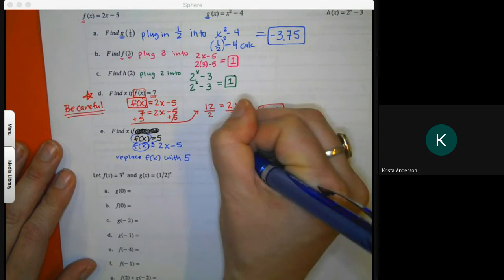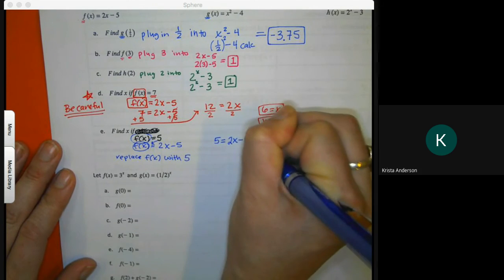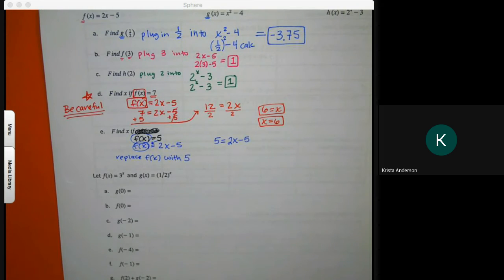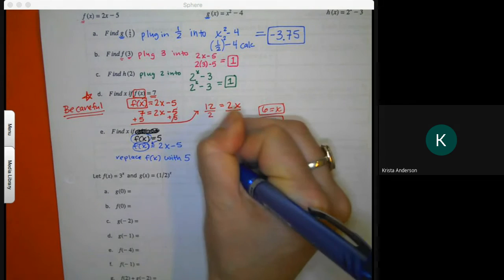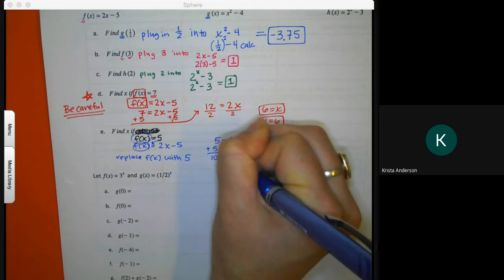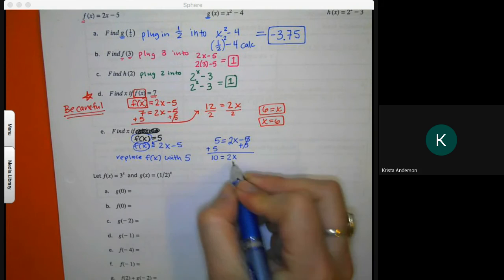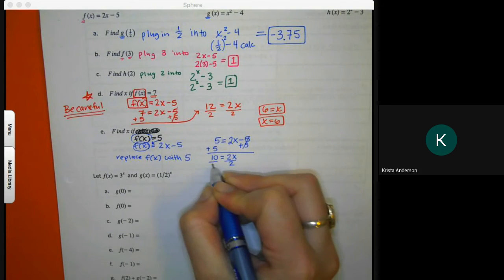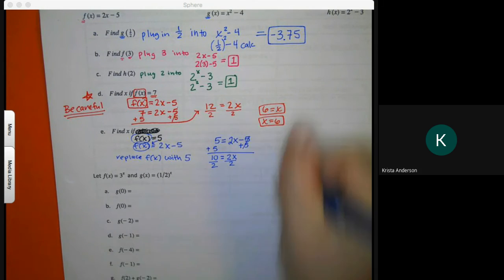So it'd be 5 equals 2x minus 5. I would try and undo and get x alone. So add 5. That would give you 10 on the left. Then we would divide by 2. So for this one, x does not equal 6 on this one. This time x would equal what? 5.